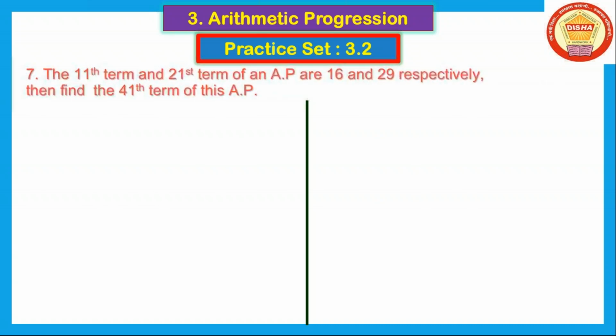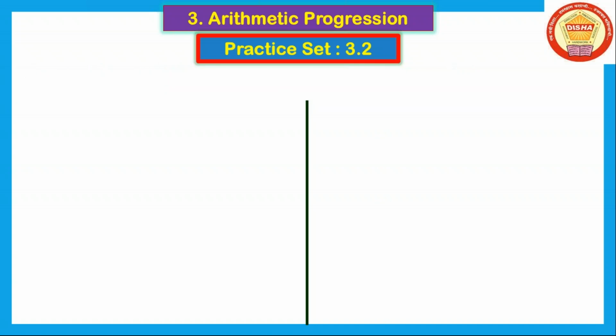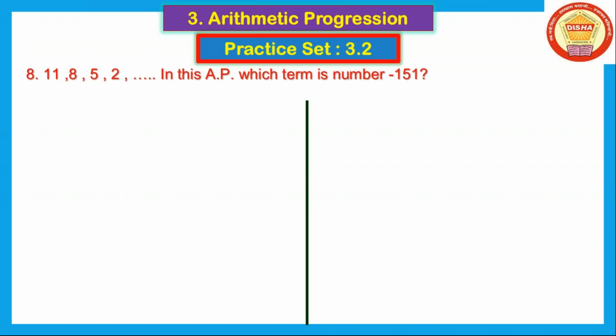Then we take the next question from practice set 3.2. That is example number 8. 11, 8, 5, 2. In this AP, which term is negative 151?